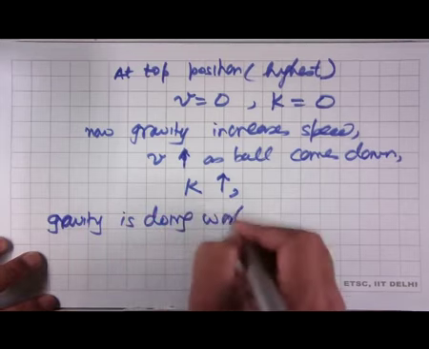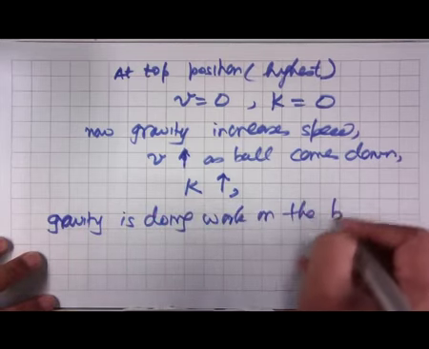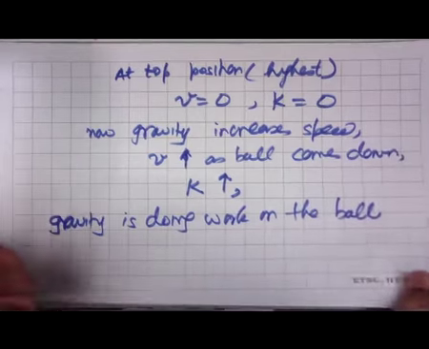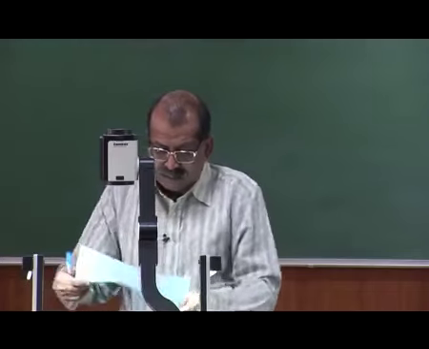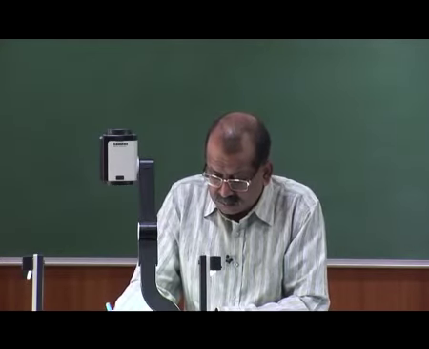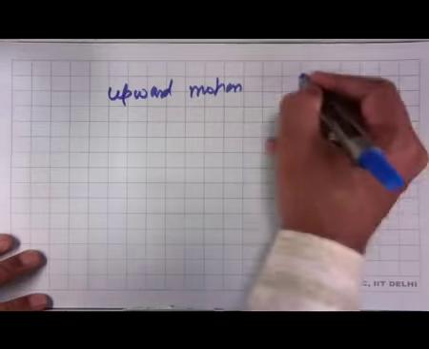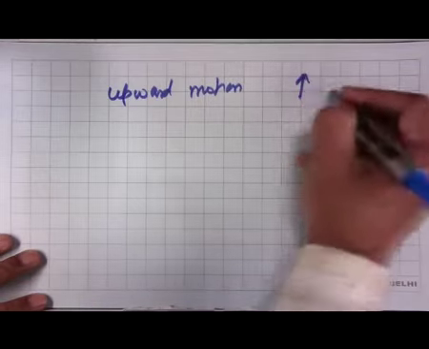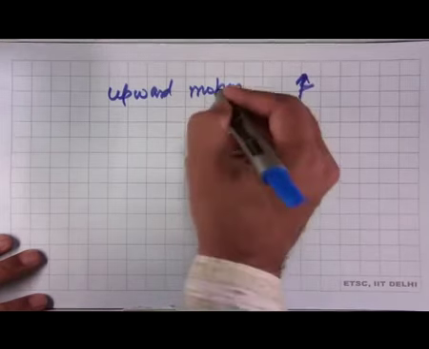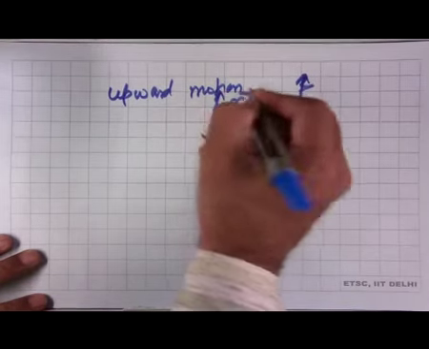Now, what is happening is gravity is doing work on the ball throughout. In the upward motion, the gravity force acts down, the displacement is upwards.